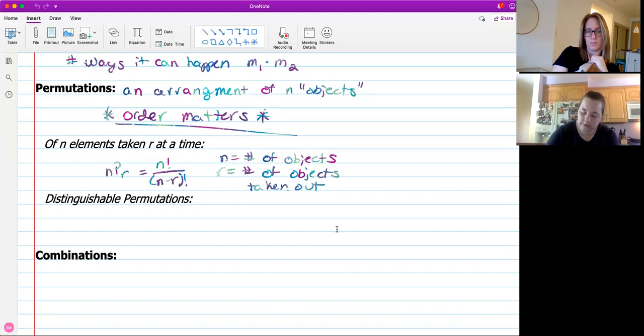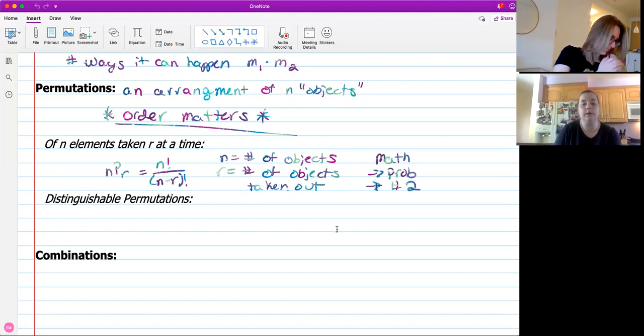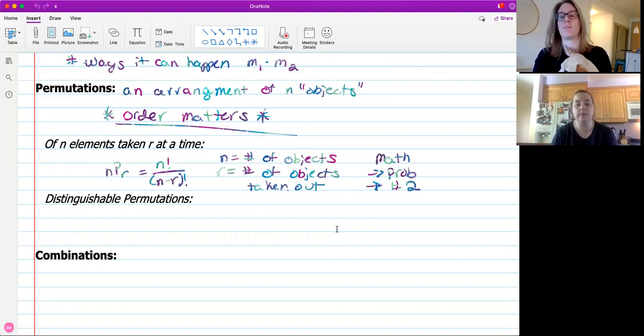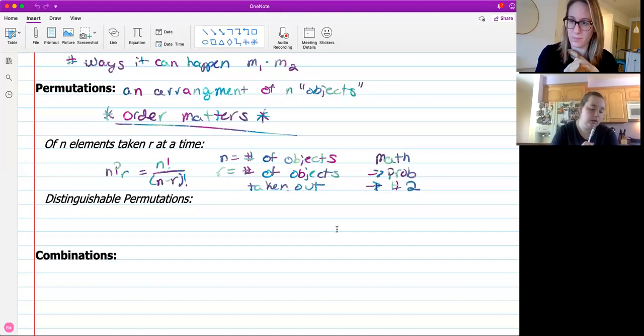On your calculator, this is math, prob, and then you want number 2. It works the same way as your combination. If you have an old calculator, put n in first to go through those steps, and then put in r. If you have a newer calculator, it's going to pop up with nice boxes for you to just fill in.